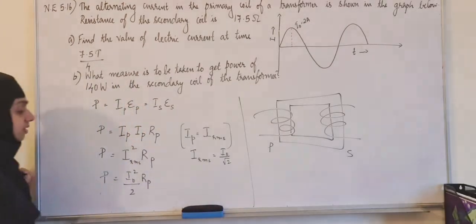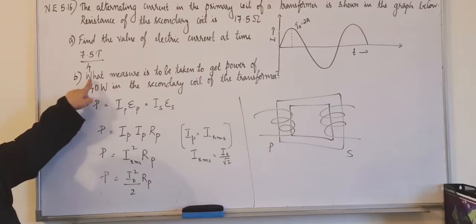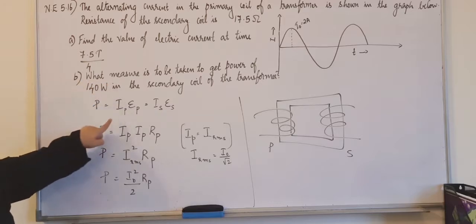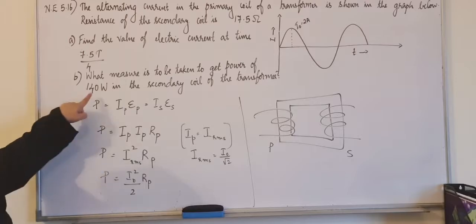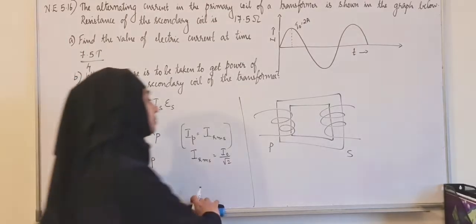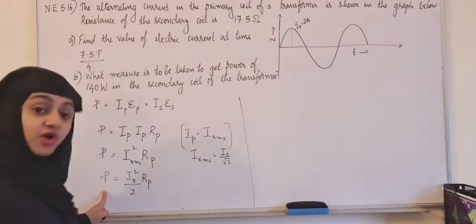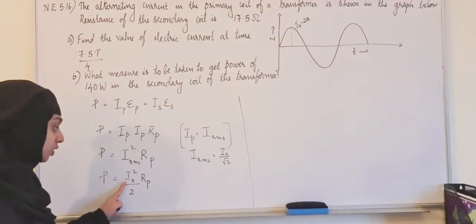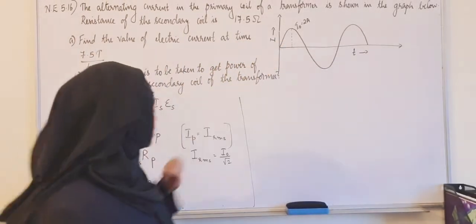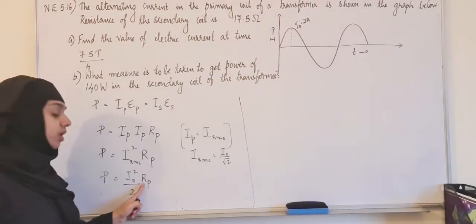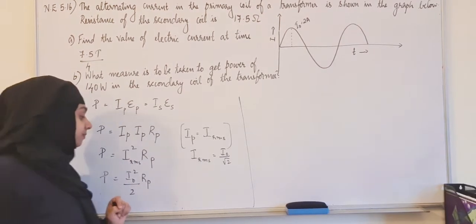Here the question is what should be done to get 140 watts power in the secondary, or power in the primary also will be equal to 140 watts. So for P we can substitute here 140 watts. And we also know the peak value of current in primary from the graph. So the only unknown quantity will be R_P, resistance of the primary.